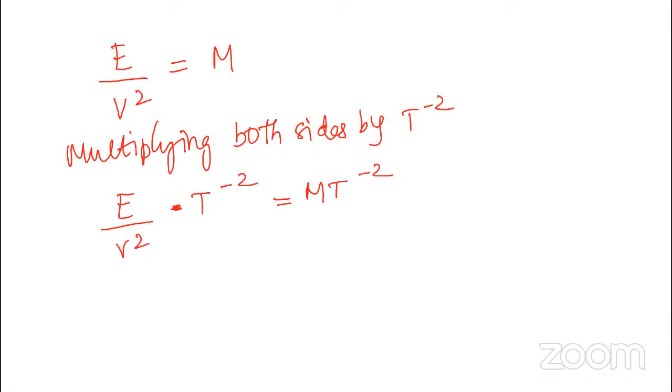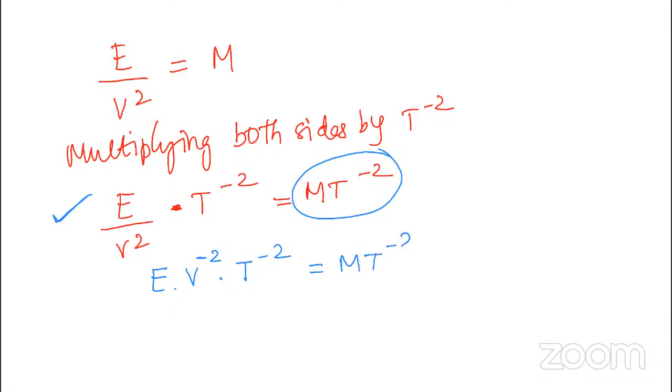This is our required result, so we have converted it to that format. Here the V square in the denominator we can bring into the numerator, so E into V power minus 2 into T power of minus 2 is equal to m into T power of minus 2. So this is the equivalent formula for surface tension.